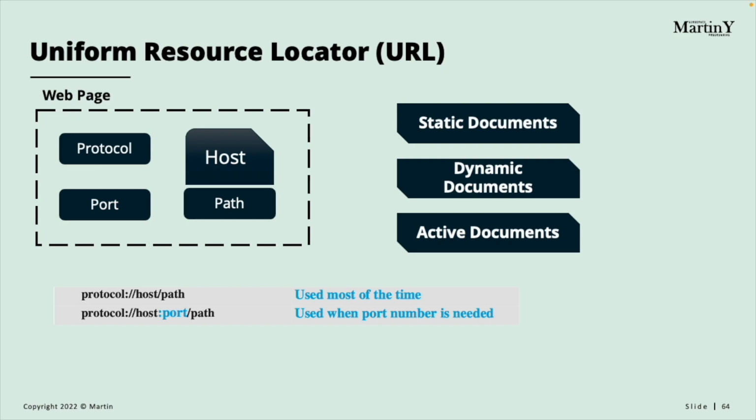So the static document is created once, so all that you see on this static document has been put there at the creation, and it hasn't been changed. Okay, so this is, for example, if you access a blog page, and then the text there is already written, you're not seeing anything specific for the user. Okay, so those are static documents or static pages.